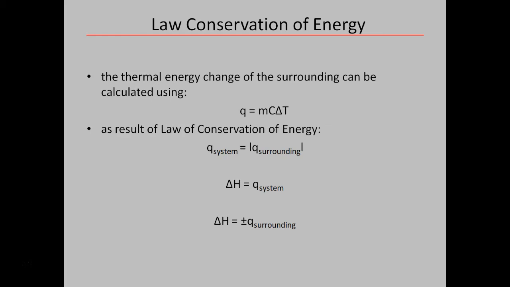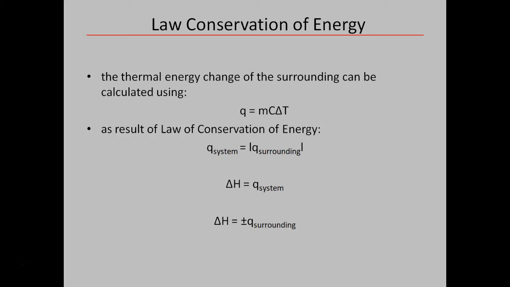Now, when we're looking at our entropy changes, one of the things that we have to keep in mind is our law of conservation of energy, which states that energy can't be created or destroyed, only transferred from my system to my surrounding. So therefore, the absolute value of the energy change of my system is going to be equal to the absolute value of the energy change of my surroundings.